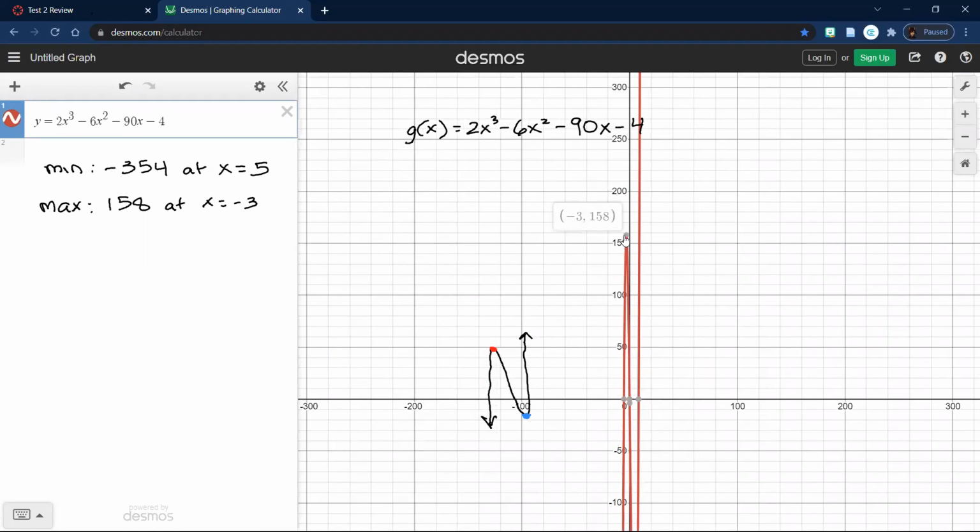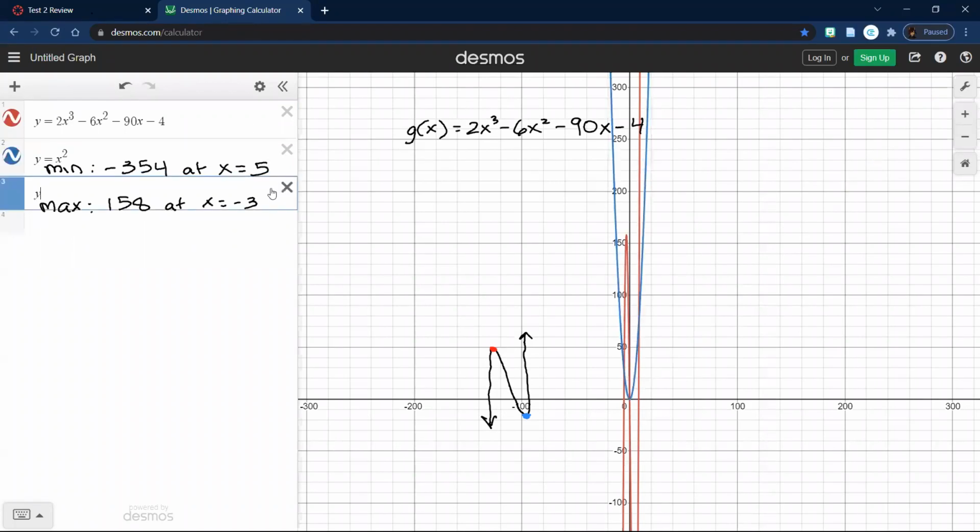Another good way to think of it is if you're dealing with y equals x squared and y equals, say, negative x squared. Looking at x squared, this point right here, is that a maximum or a minimum?